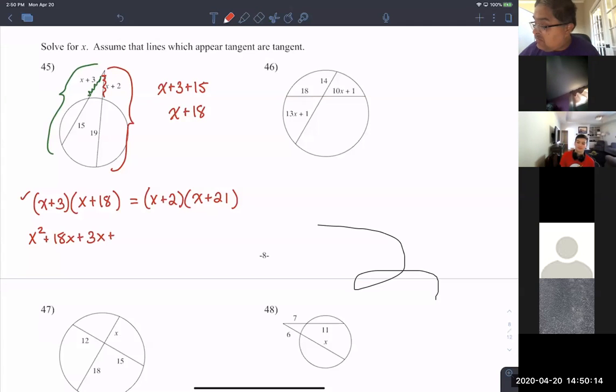And the last terms multiplied together is 3 times 18, which is 54. Okay. And if we do the same thing on the right side, it's x squared plus 2x plus 21x plus 42. Now you have to combine like terms.